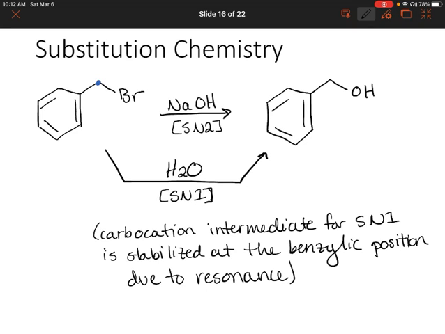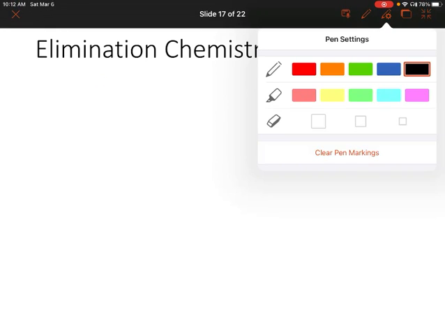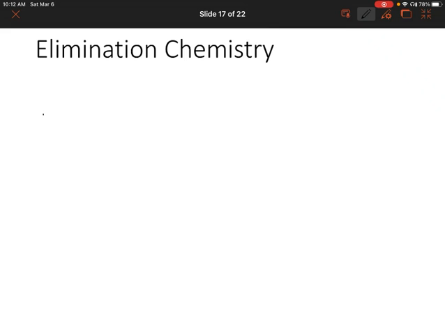Okay, so whenever we talk about substitution, we also talk about elimination, right? So let's talk about elimination chemistry at the benzylic position. Again, this is all stuff we've seen before, but we're just applying it to a different type of molecule here. So let's say we have an isopropyl group coming off of our benzene ring, and let's add a leaving group on there.